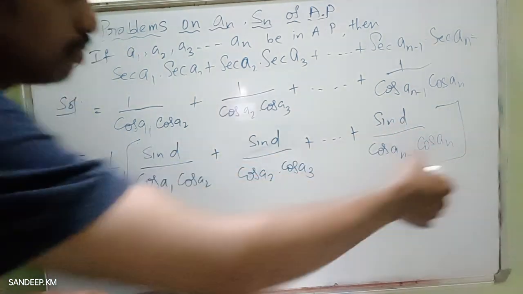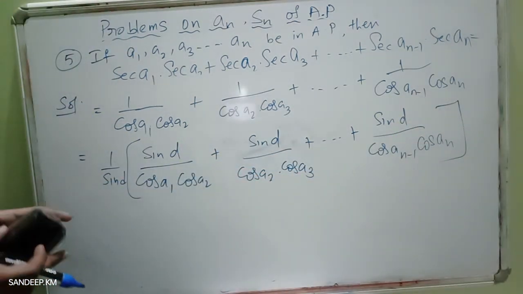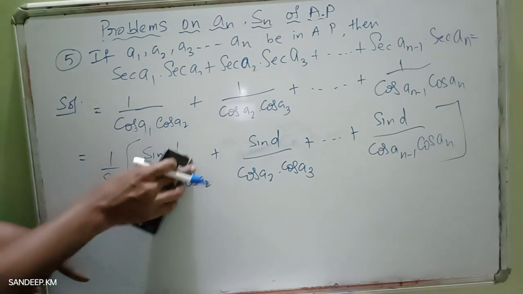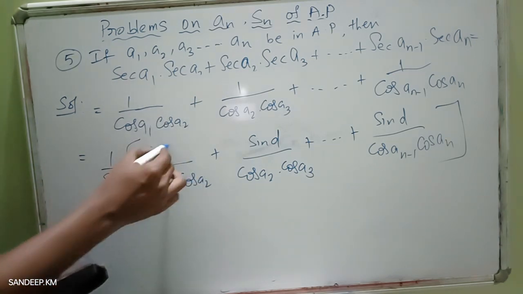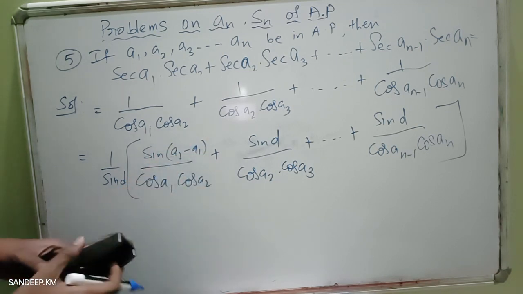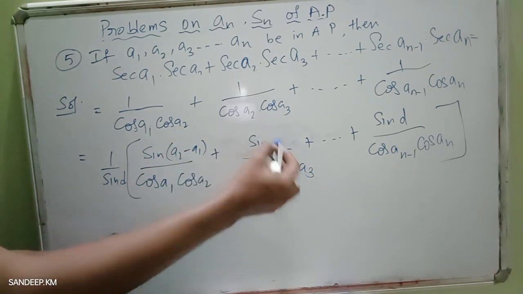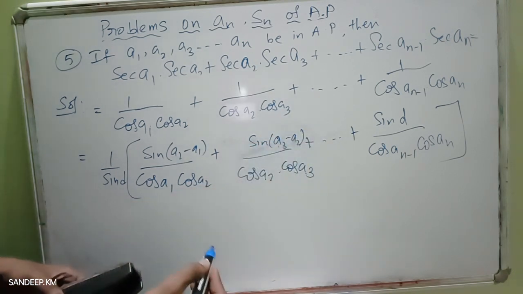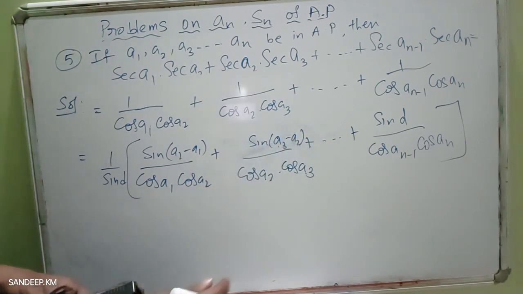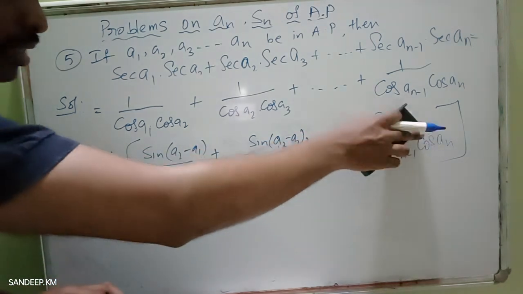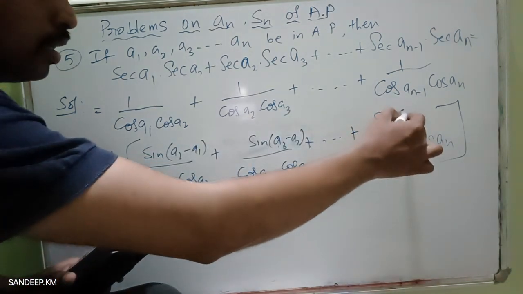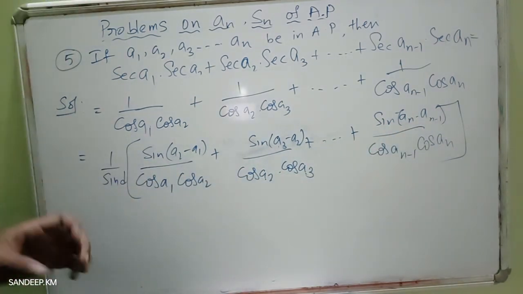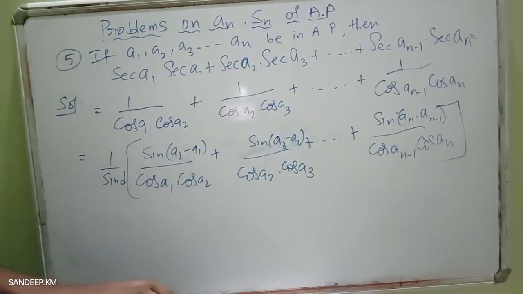Okay now, next step is common difference can be written in terms of a2 and a1. What is it? I am doing it here itself. This common difference is a2 minus a1, and this common difference is a3 minus a2. If you write the next term, there the common difference will be a4 minus a3, and so on. The last common difference, what is it? an minus an minus 1. Okay. Now let us use the sin of a minus b formula. Got it?